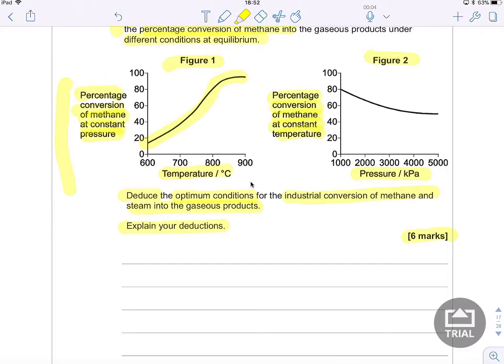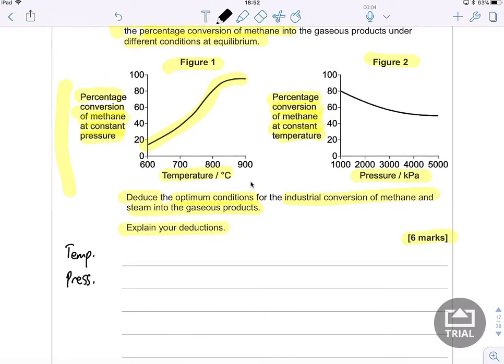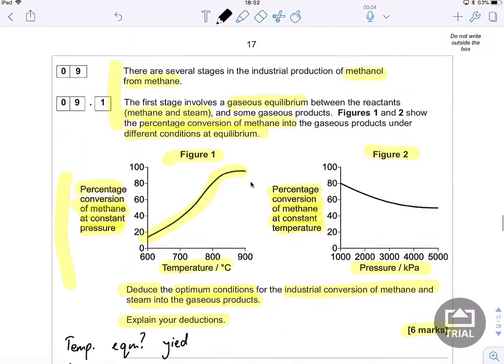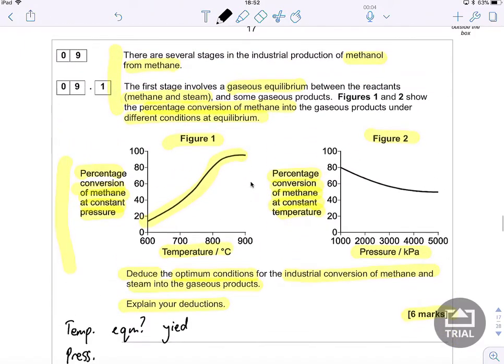Explain your deductions. So essentially what I've got to do is talk about what happens when I change temperature, what happens when I change pressure. So temp, pressure. So what happens to the equilibrium? What happens to the yield of what am I making?